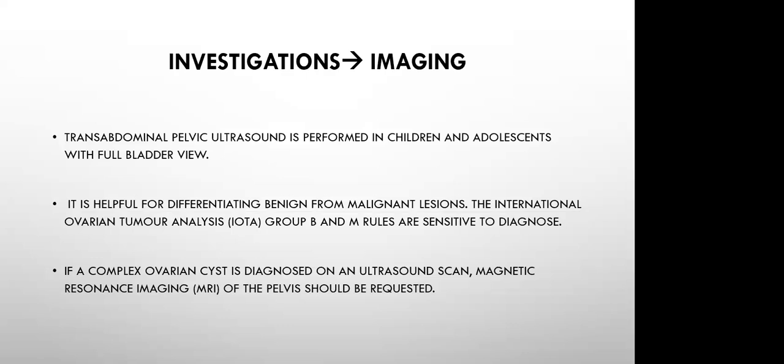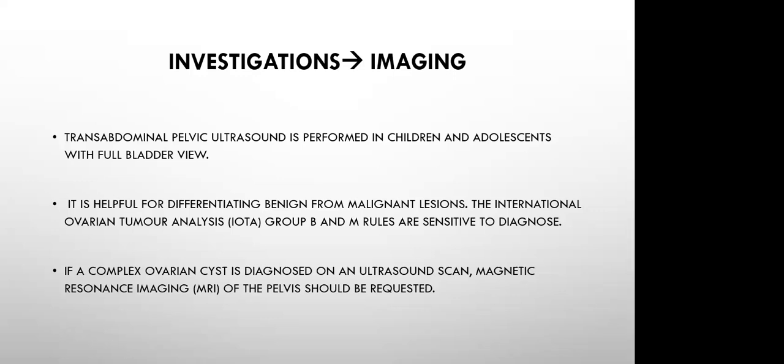How can we investigate ovarian lesions in adolescence? How can we check the differential diagnosis and differentiate lesions? The transabdominal ultrasound scan is performed in children and adolescents with a full bladder to increase our chances for proper identification of ovarian lesions.